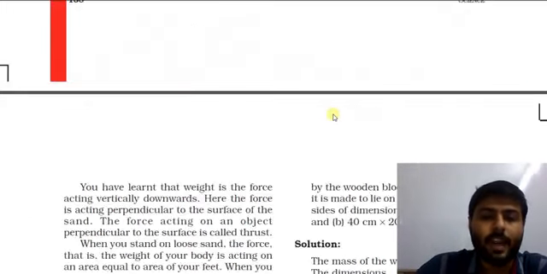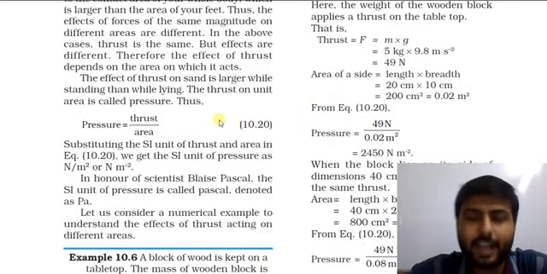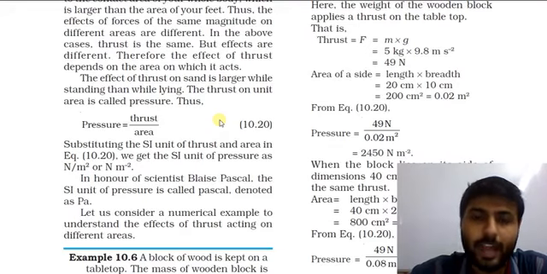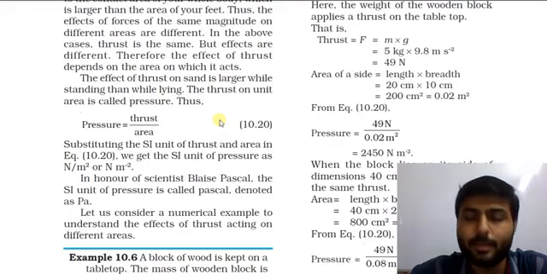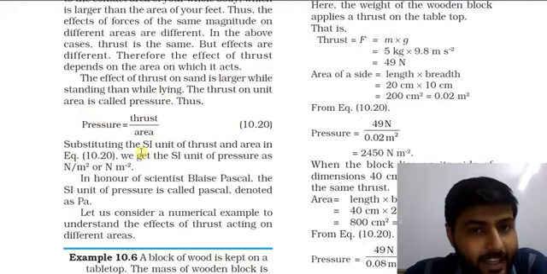Now we have the SI unit of thrust and pressure. As we know that thrust is nothing but force perpendicular to the surface, the SI unit of thrust will be the SI unit of force, that is Newton. And here you can see pressure is thrust divided by area.